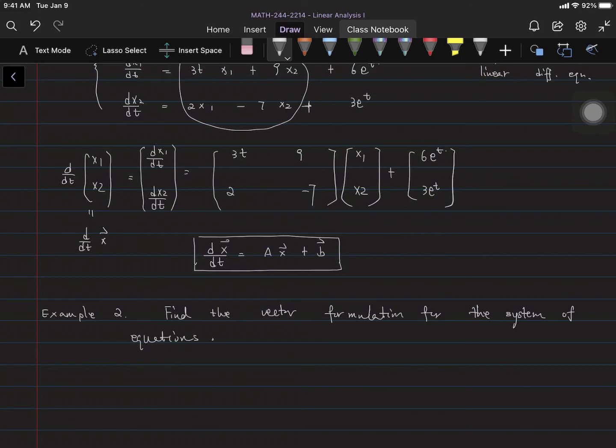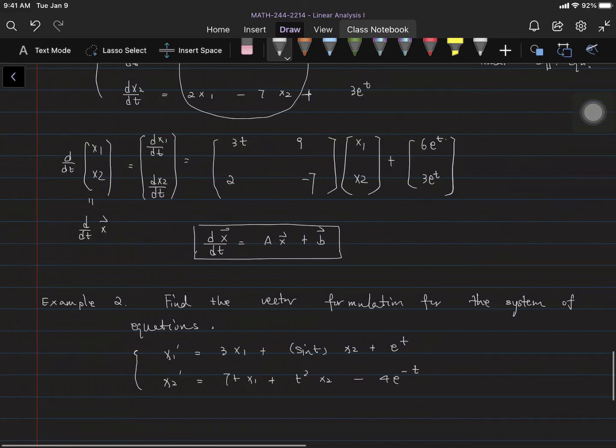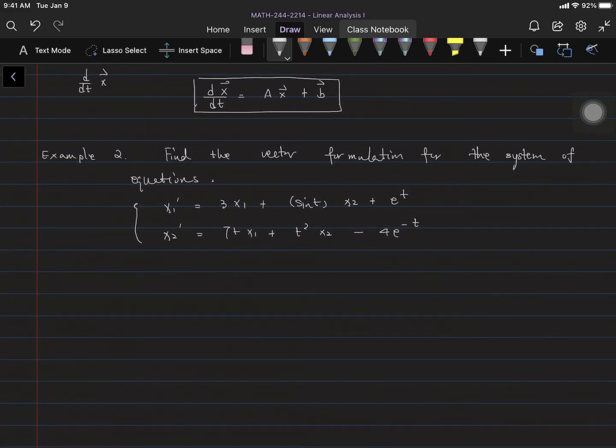The linear system is given this way: x1 prime equals 3x1 plus sin t x2 plus e^t, and x2 prime equals 7t x1 plus t squared x2 minus 4e^(-t). We want to write down the vector form for this one.